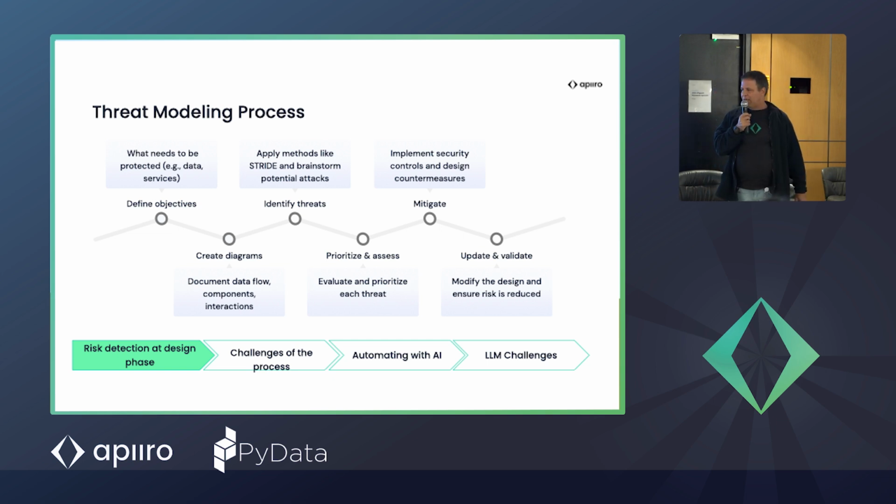And then you update the design. All of this is done in the design phase, and the goal is that when you have a design, you know what risks you are going to have, and how you are going to solve those risks before you write even one line of code.